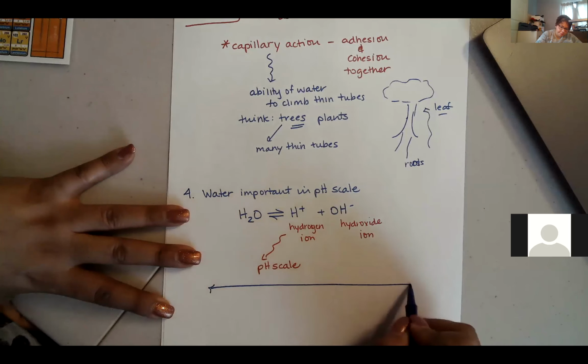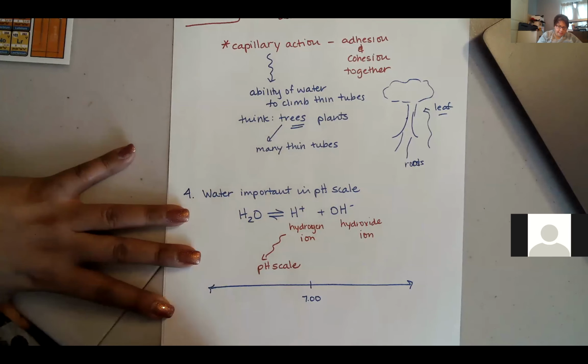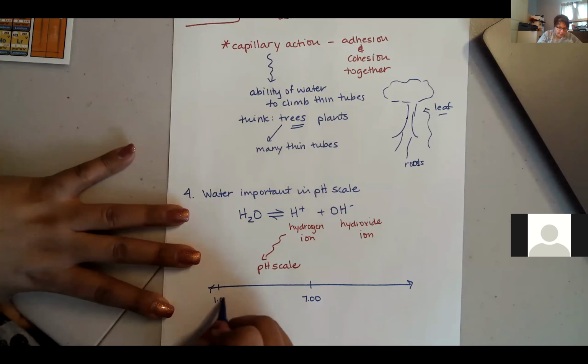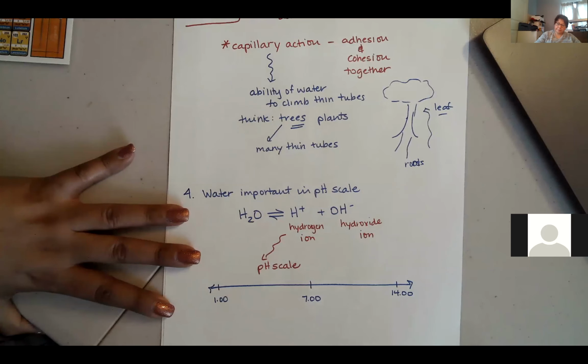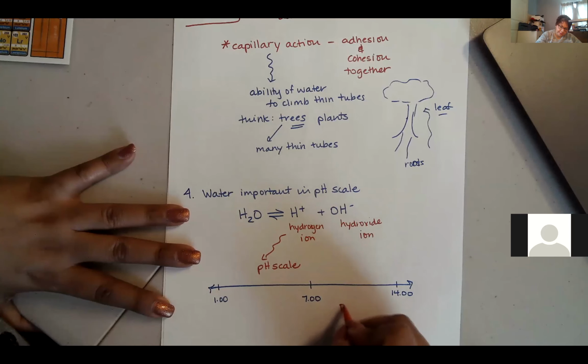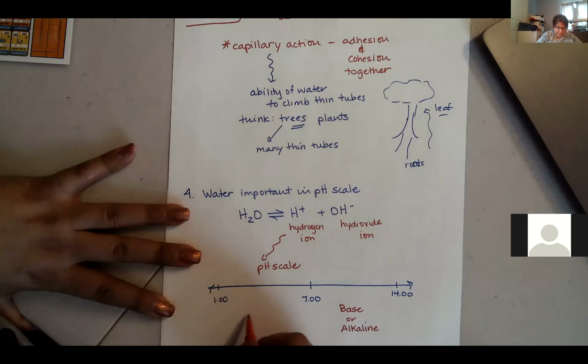And so you're probably familiar with the pH scale, and that it's based on the number 1 to 14. Anything above 7 is considered a base or alkaline. Anything below 7 is considered an acid.